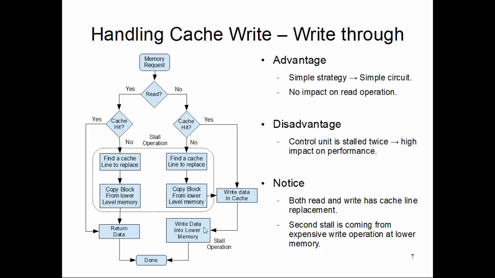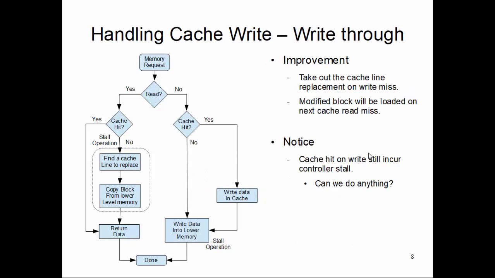So that becomes another stall. Now the second stall is coming from the expensive write operation at the lower level memory, that we explained, and also what we explained here, both read and write have a cache line replacement situation. So we can make some improvement.